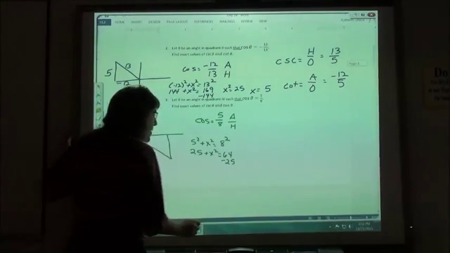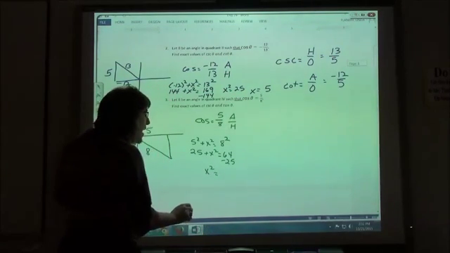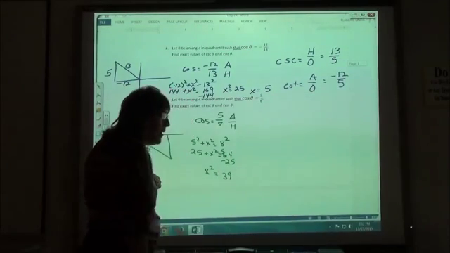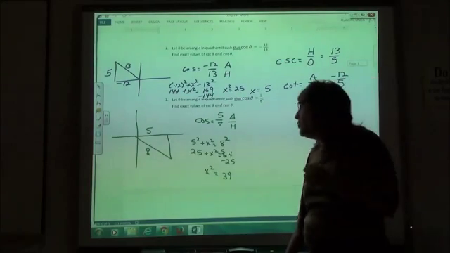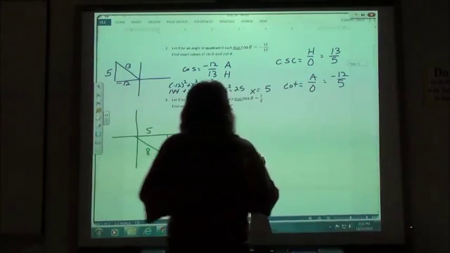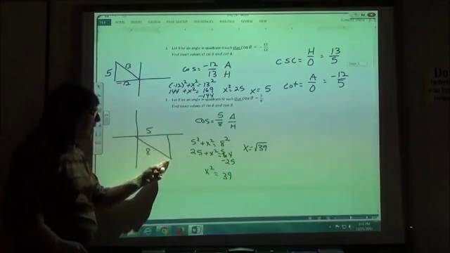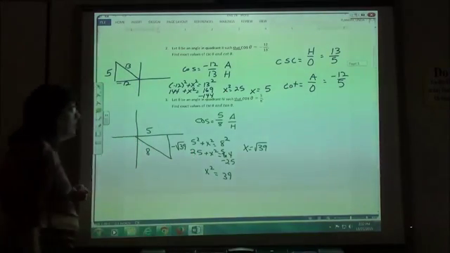If I subtract my 25, that's not going to go in there as nice as we had before. X squared is going to equal 39. So I'm just going to have to do the square root of 39. It is going in the negative direction, so I'm actually going to have negative square root of 39.